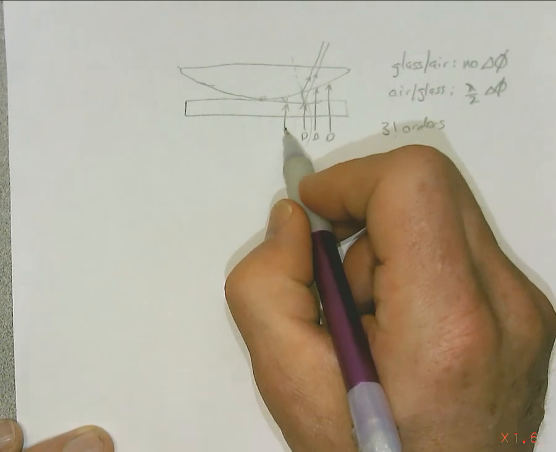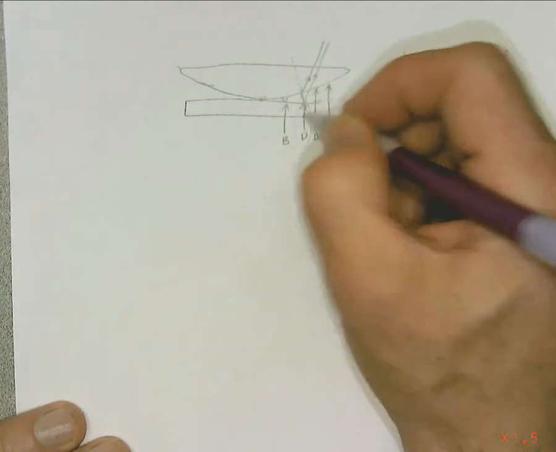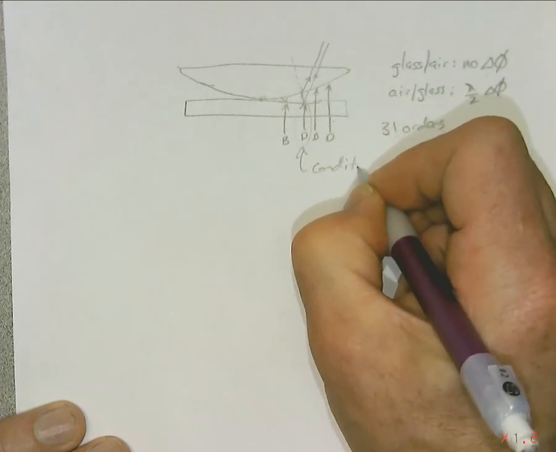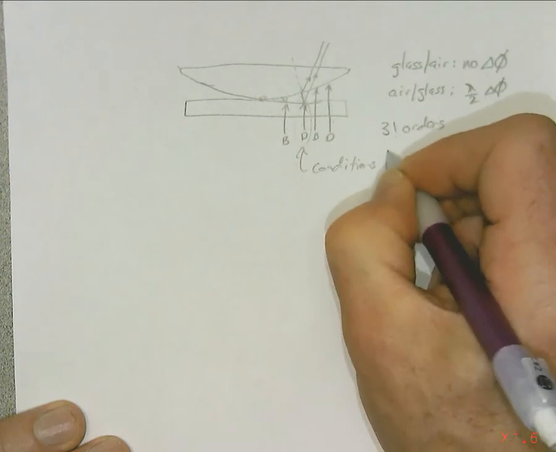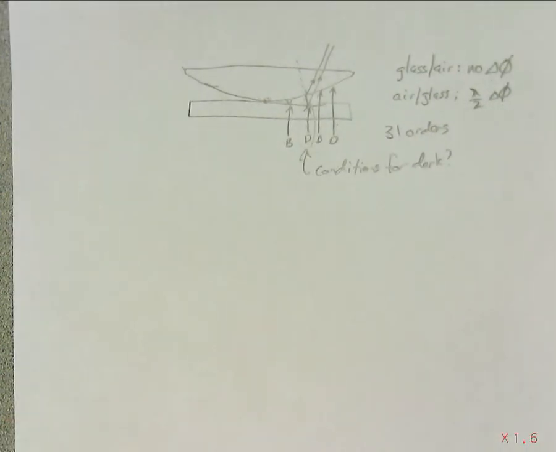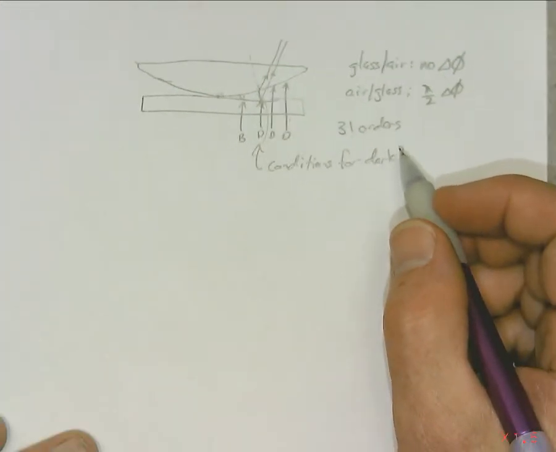So bright, dark, 31 sequences of that. So what we're interested in is the conditions needed for dark, because once we set that up, we know we have to have 31 regions of that. It'll kind of fall into place. Assuming I haven't lost you already in this problem.